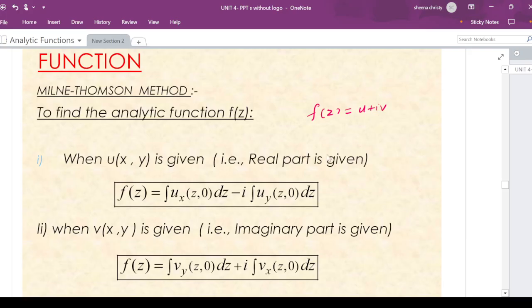When the imaginary part of the function is given, then we have f of z equal to integral of vy of z comma 0 into dz plus i times integral of vx of z comma 0 into dz. So first you have to find the partial derivatives of u with respect to x and y, and then in the place of x you have to put z, and in the place of y you have to take 0. Then integrate with respect to z.